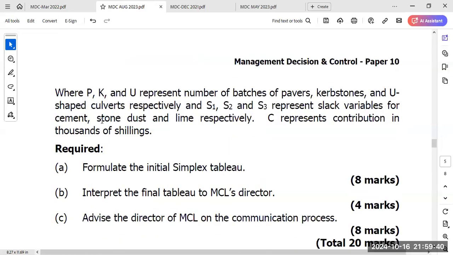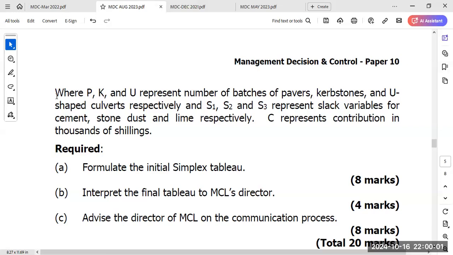In the question, they have defined very well for you P, K, and U to represent the number of batches of pavers, cobblestones, and U-shaped culverts. Colleagues, you see that questions repeat, but they can just twist the language.